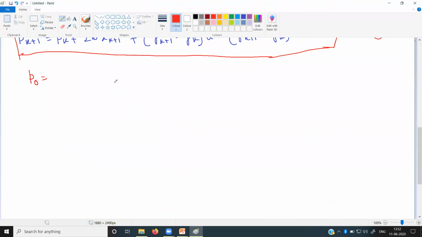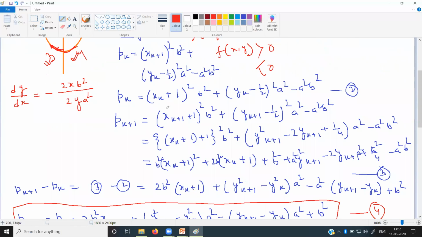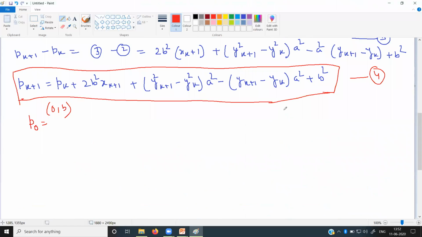So we have to put 0 comma b in equation 2, with x value as 0 and y value as b. If you substitute the x value 0, it will be b square plus y value b, that is b minus half whole square, a square, minus a square b square.